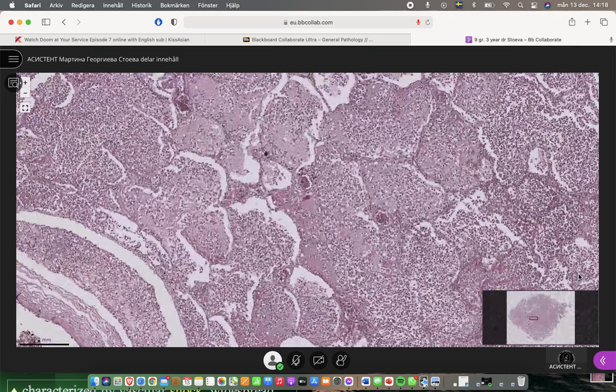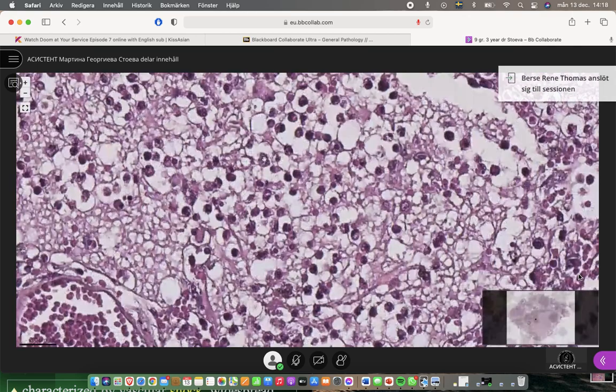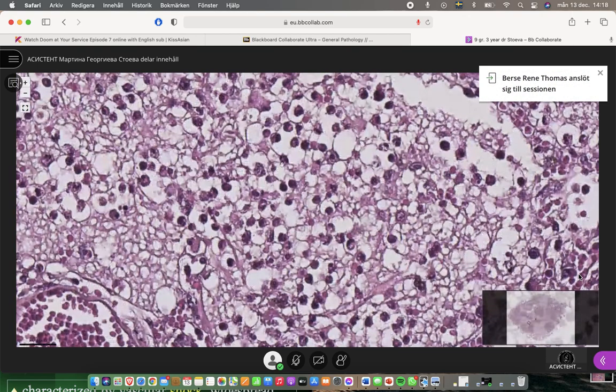These inflammatory cells are neutrophils predominantly, and here and there we can find some dispersed erythrocytes. Here again, there are neutrophils in the meshwork of fibrin strands and erythrocytes.